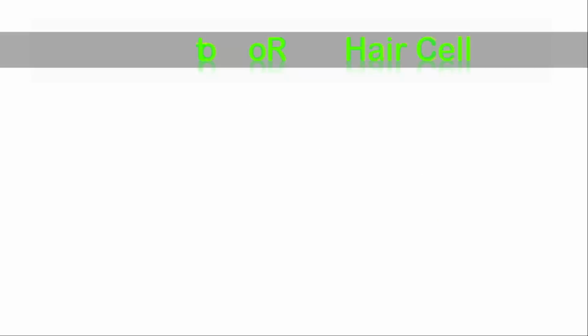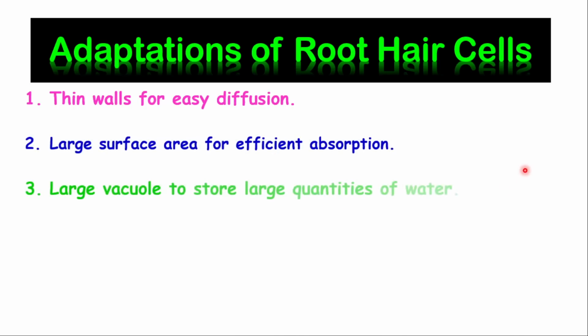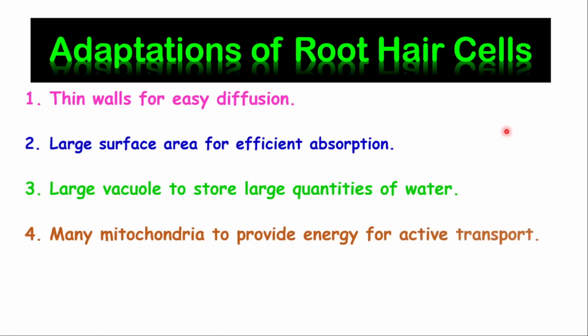All right. Now, adaptations of root hair cells. Root hair cells, again, as I mentioned, have thin walls for easy diffusion, just like any absorbing structures in living organisms. They're normally thin. They have a large surface area for effective absorption. They have a large vacuole to store large quantities of water. Root hair cells have many mitochondria to provide energy for active transport.